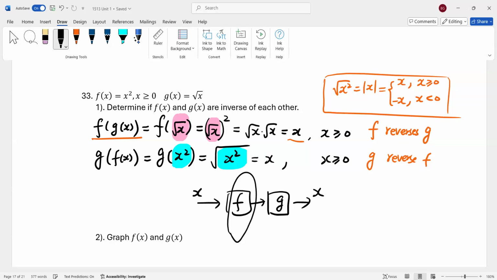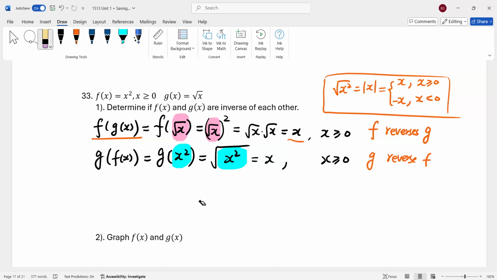That means whatever machine f has done to x, machine g reverses it. So the second equation shows g also reverses f. Since the two functions reverse each other, the two functions are inverse of each other. So we use the definition to show f and g are inverses. By the definition, you can say by the definition.